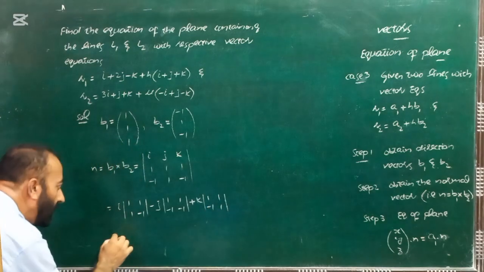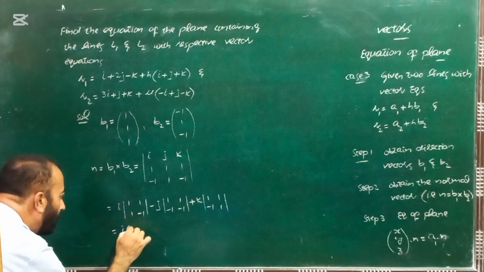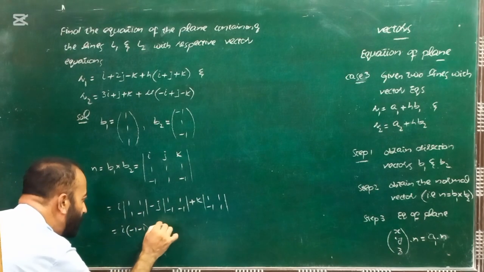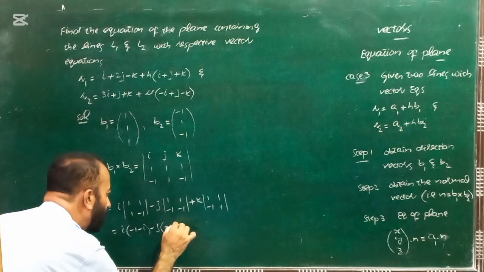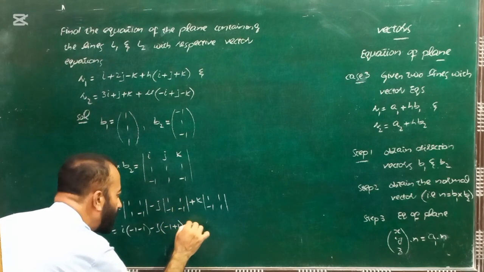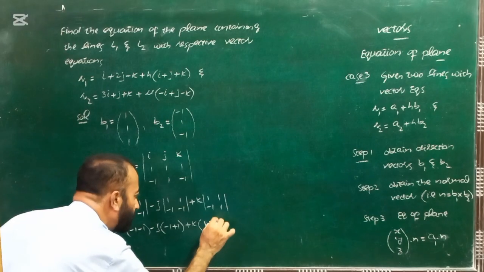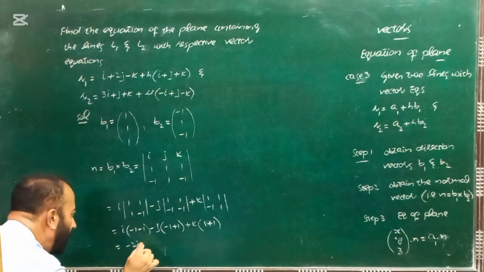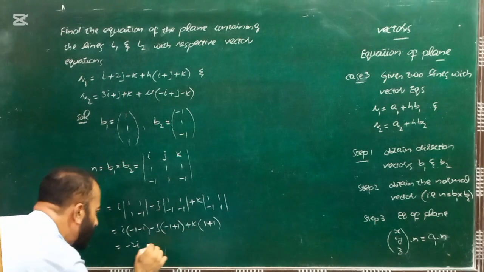Now open the determinants as usual. So minus 1 minus 1, minus j into minus 1 plus 1, and plus k into 1 plus 1. So from here minus 2i plus 0j and plus 2k.